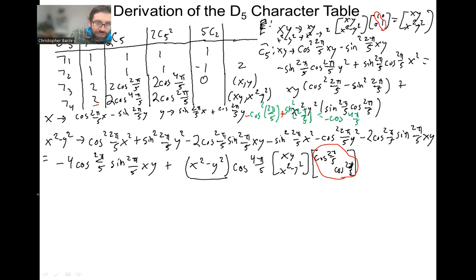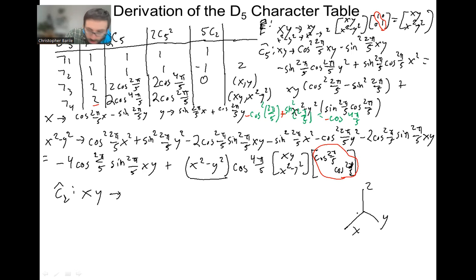Now, the last one is going to be our C2s. So perpendicular C2s, we've got to think about. And so what happens to xy? Well, we might need to refresh our memories since it was way earlier in the video that we talked about xy and the perpendicular C2s.